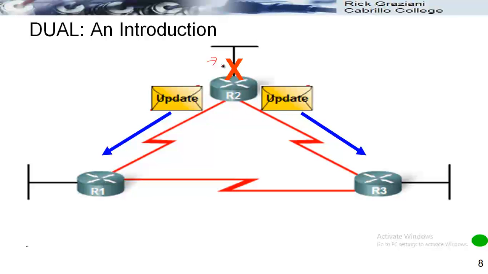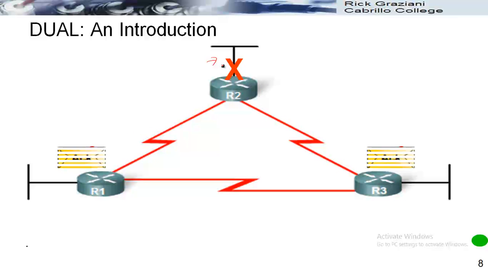So it will update the neighbors. The neighbors have to acknowledge, because this is reliable communication. Just like when you looked at TCP, every packet that is sent is acknowledged. If you don't acknowledge it, then you have to resend, as it's a reliability mechanism.